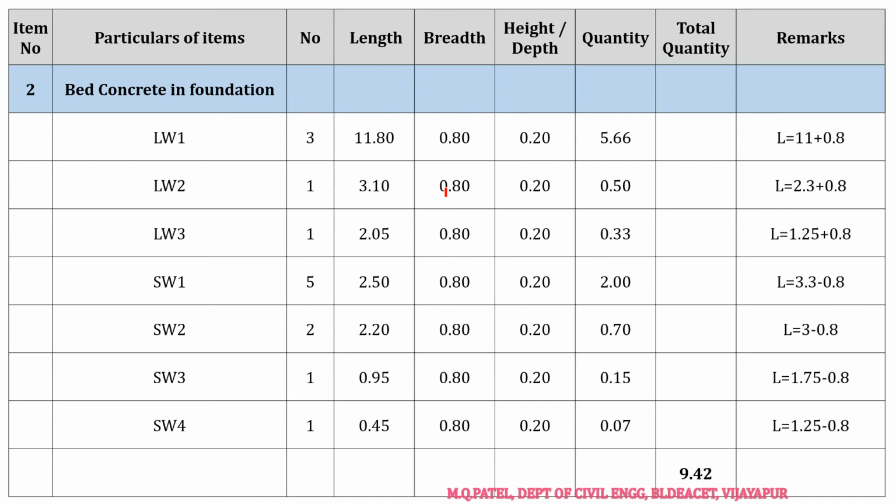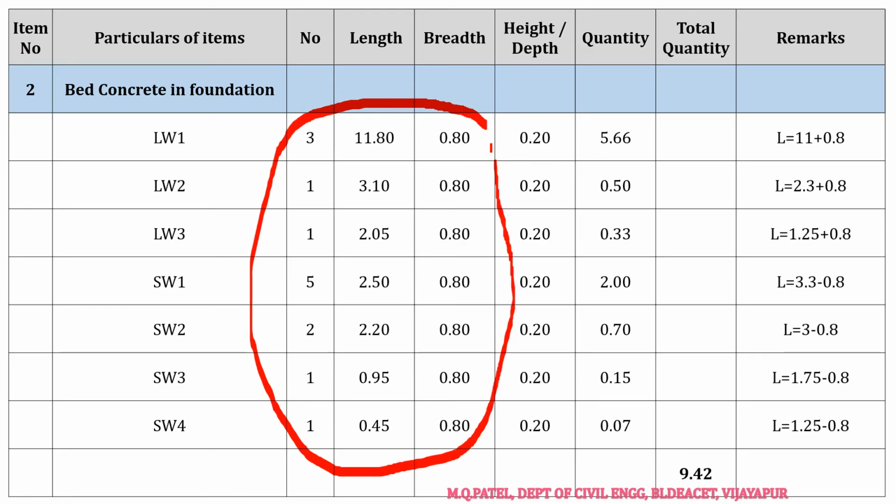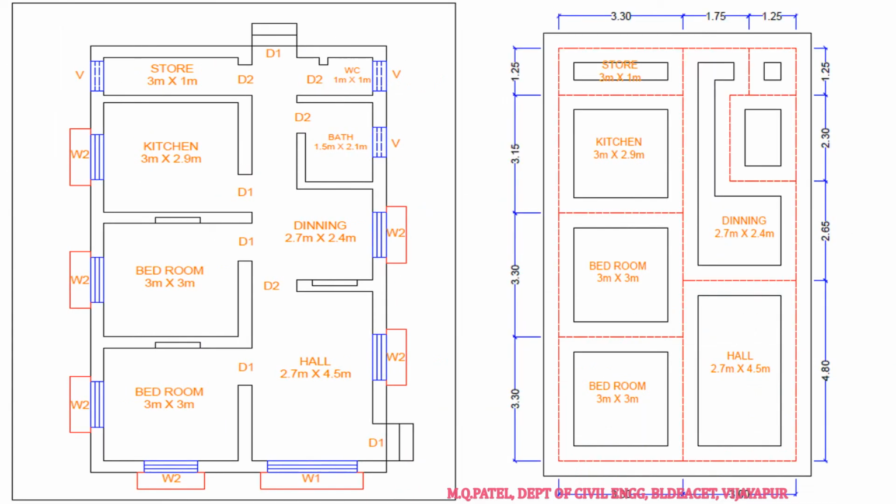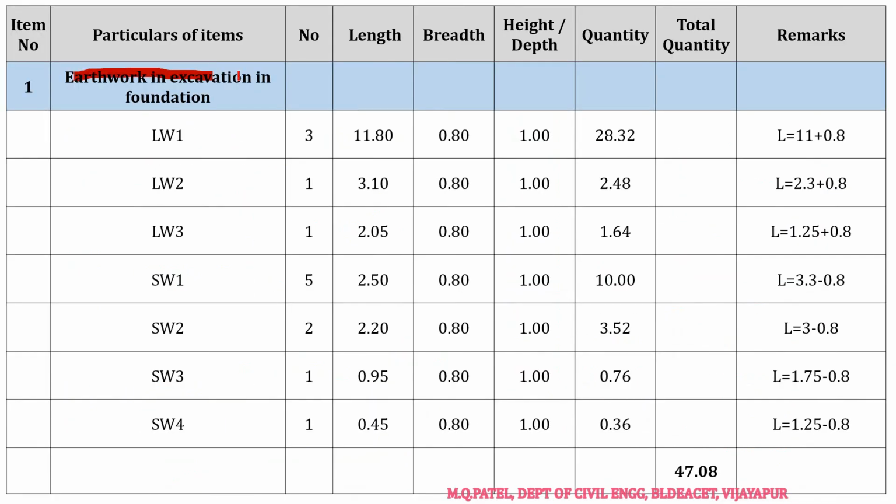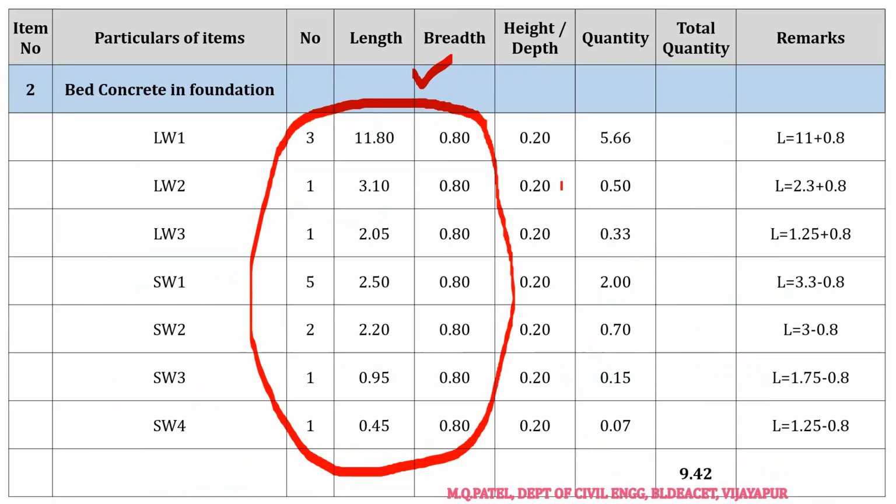If you compare with your excavation calculation, this part will remain the same, each and everything will remain the same. If you want, I'll show you. This is earthwork excavation, 3 numbers, 11.8, 0.8. The depth was 1 meter, only here that depth will become 0.2 meters.